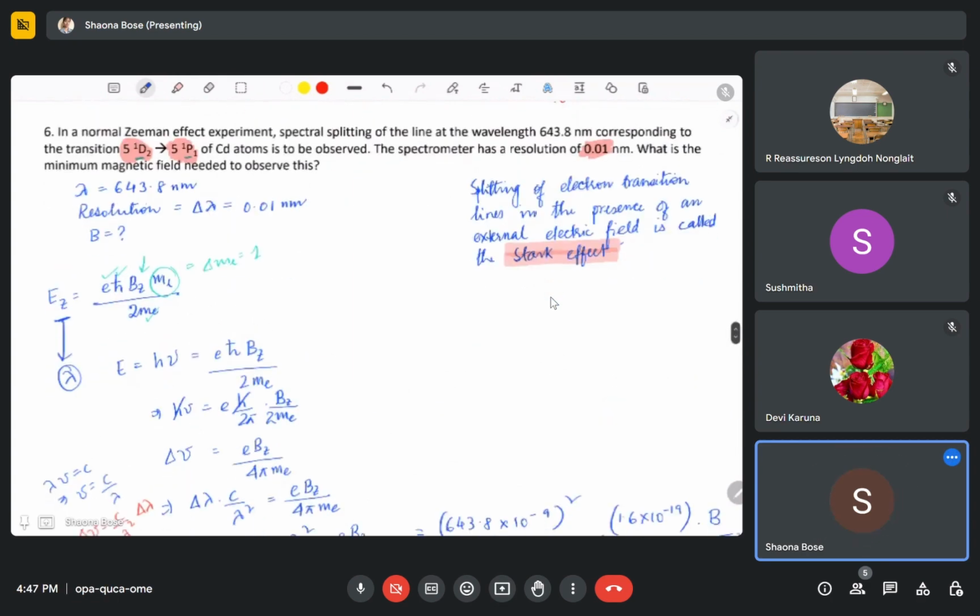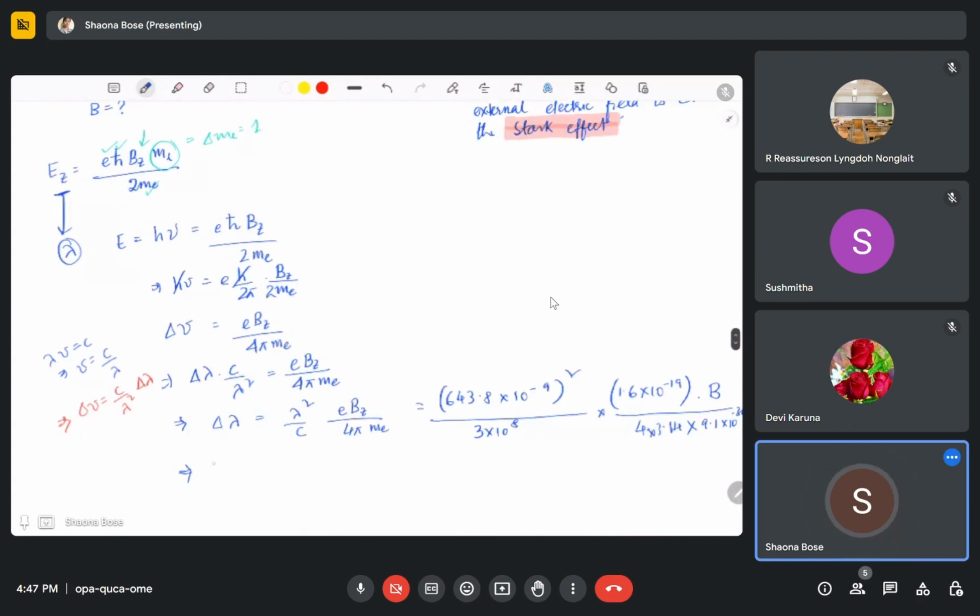So solve for B, and this will equal to del lambda, which is our resolution, 0.01 nanometers. So 0.01 into 10 raised to the power 9 is equal to this whole thing.